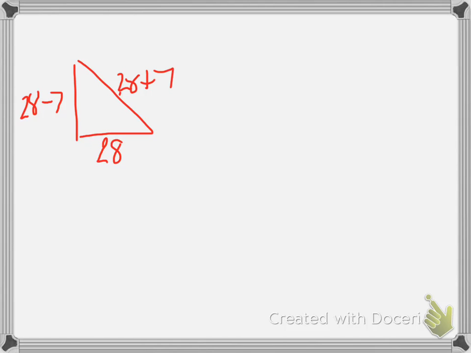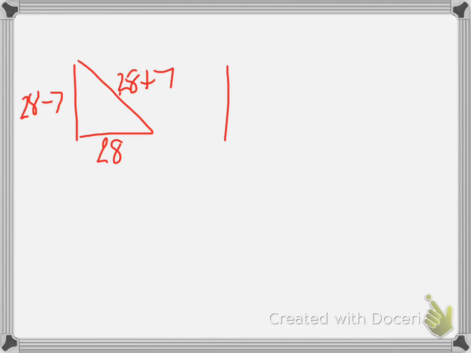Then you can double check it, because you can go back to the triangle, and on this side it was x minus 7. So instead of x, I can plug in 28. This was just x, so that would be 28, and this was x plus 7, which is 28 plus 7.